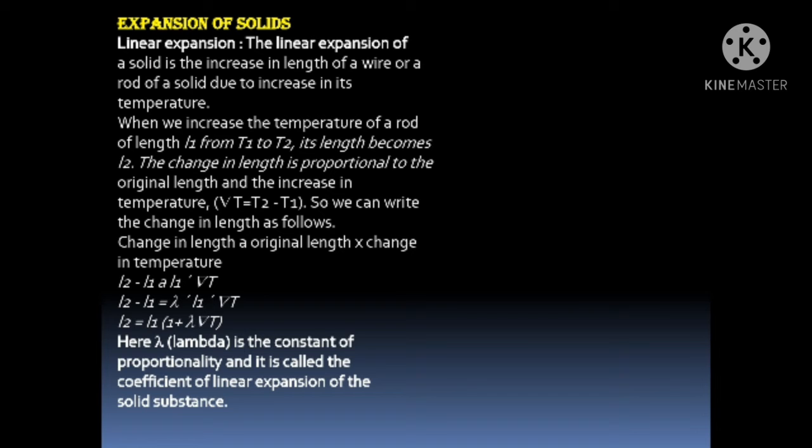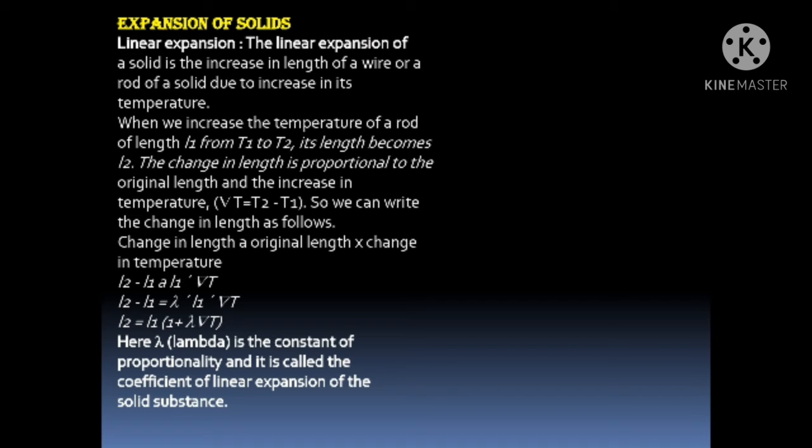So the equation becomes L2 minus L1 is equal to lambda multiplied by L1 multiplied by delta T. Equation 1. Students, what is lambda over here? How has it come here? Here lambda is the constant of proportionality and it is called the coefficient of linear expansion of the solid substance.